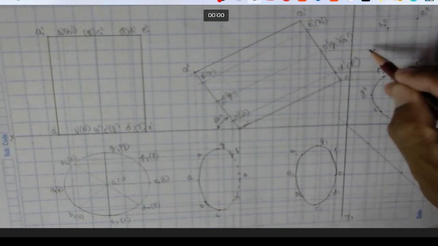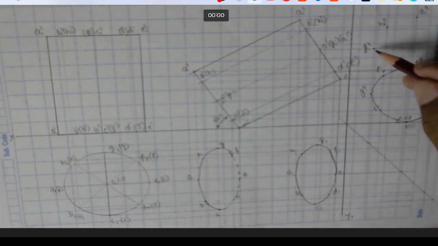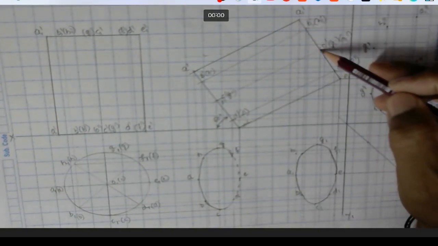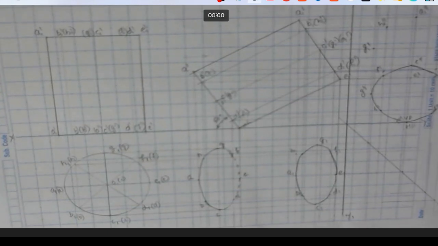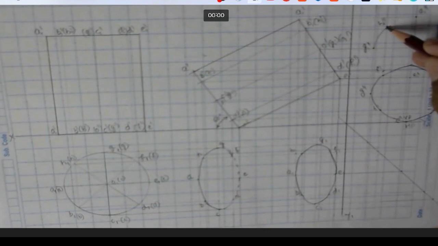So here it is what a G1 double dash. Now as you are going to look from this side, the semicircular portion which is there at top side is visible in side view. Now let us connect all these points with a smooth curve.